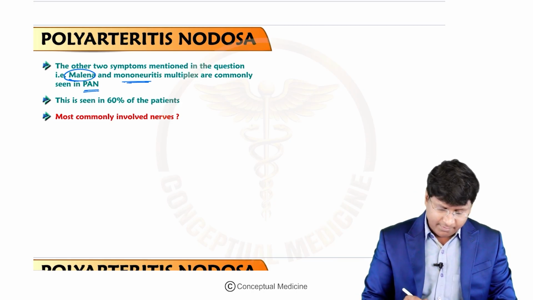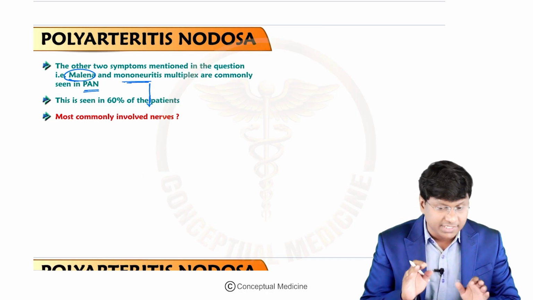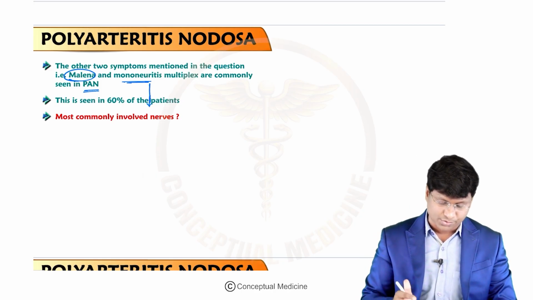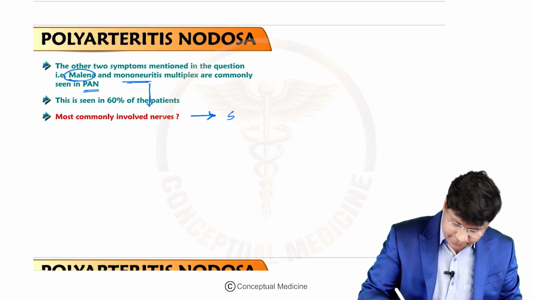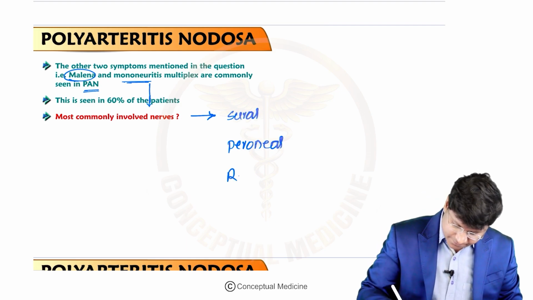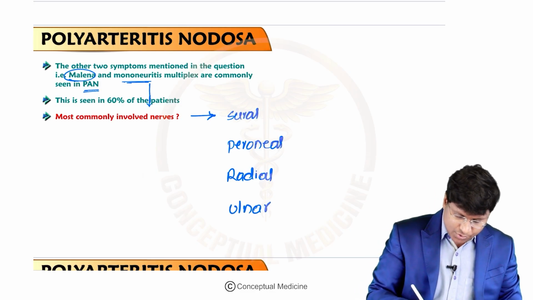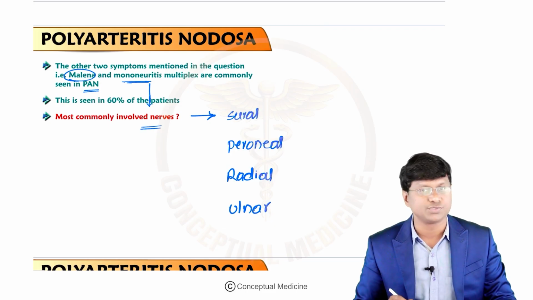When you use the words mononeuritis multiplex, you should be very clear about the most commonly involved nerves in polyarteritis nodosa. The most commonly involved nerve is the sural nerve, then the peroneal nerve, radial nerve, and the ulnar nerve. These are the most commonly involved nerves in patients with polyarteritis nodosa.